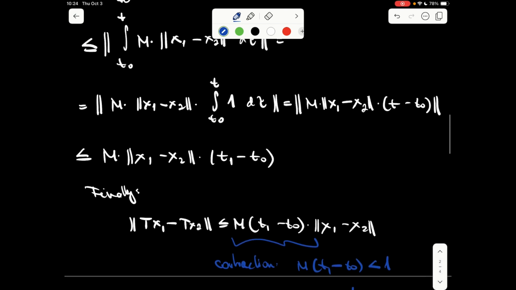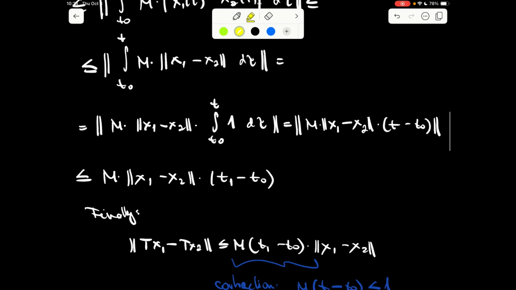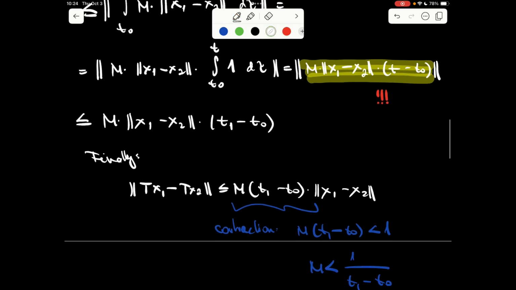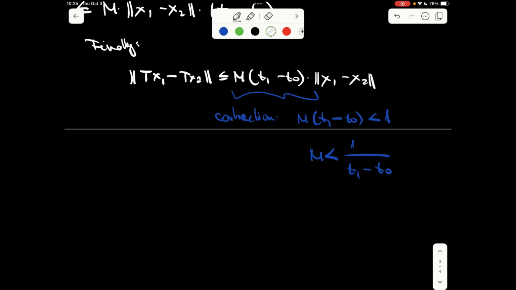Okay, let me go back to this stage, and let me highlight it, because very soon we will use this expression with exclamation marks.